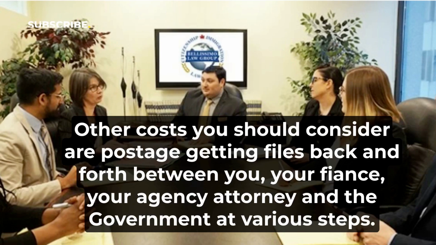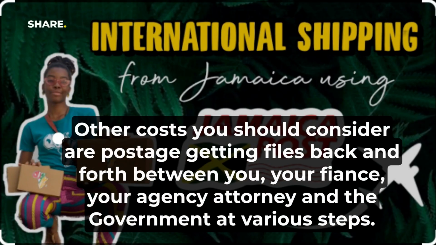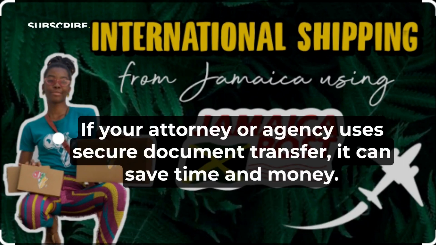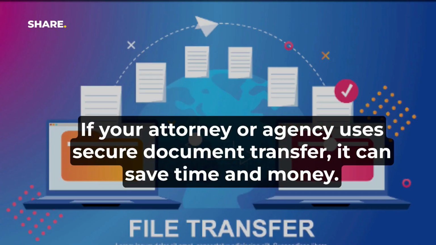Other costs you should consider are postage, getting files back and forth between you, your fiancé, your agency or attorney, and the government at various steps. If your attorney or agency uses secure document transfer, it can save time and money.